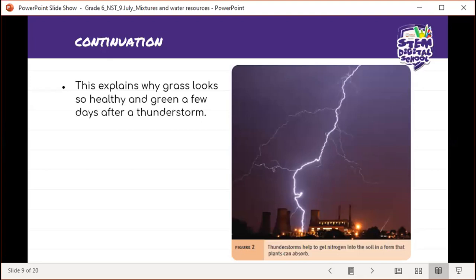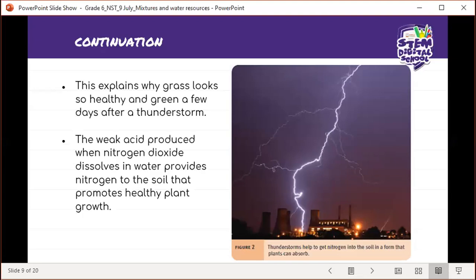So they require nitrogen in order to grow perfectly and beautifully green. Okay, so the weak acid produced when nitrogen dioxide dissolves in water provides nitrogen to the soil that promotes healthy plant growth. So guys, you would also find that nitrogen is also present in our fertilizers that we use.